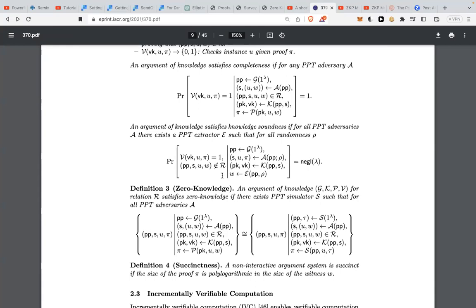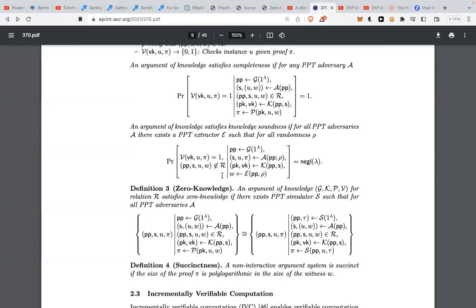Then the K is a setup, right? Setup generates the PK and the VK. And from the structure, the extractor is able to extract the witness.